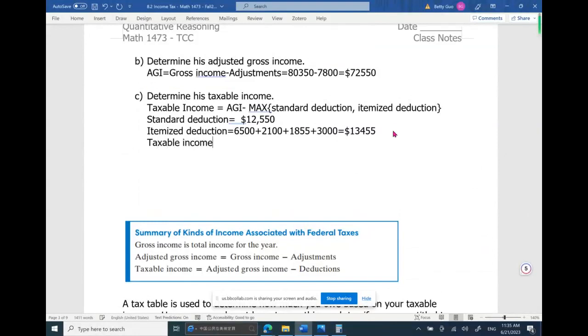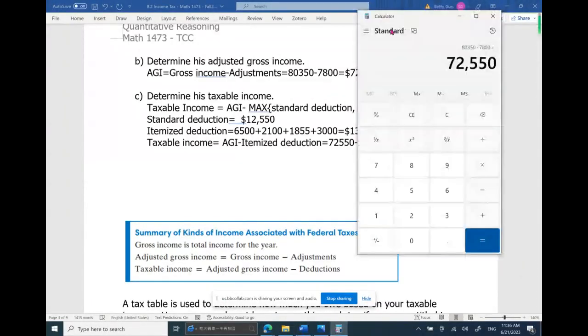Taxable income would be equal to AGI minus itemized deduction. AGI is 72,550. Itemized deduction is 13,455. Let's do that subtraction.